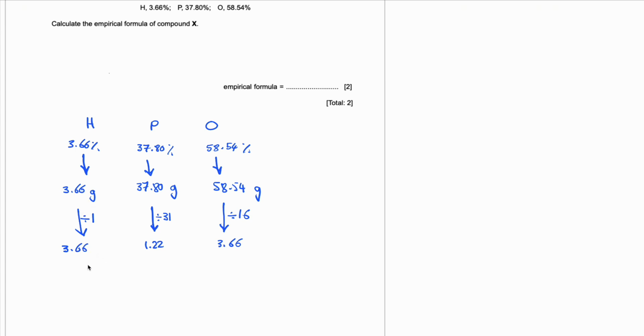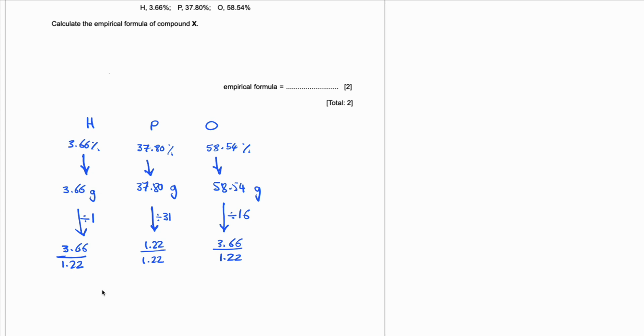Now the last step is to look at the least of these numbers and divide each of these by this number. So here we divide by 1.22 because that's the least of the 3 numbers. And here you divide by 1.22, which is going to be 1. And here once again by 1.22.